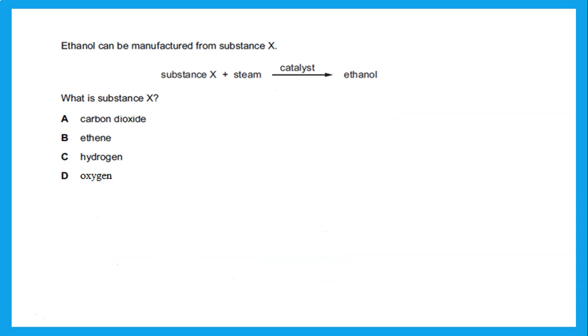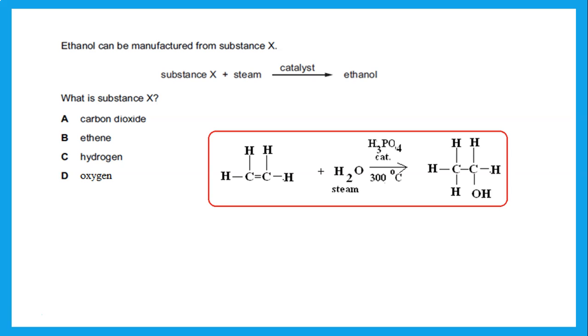Ethanol can be manufactured from substance X. Again, how do we make ethanol? One of the methods of making ethanol is hydration of ethene, adding water to ethene. So water at 300 degrees Celsius is in the form of steam. So when we say X plus steam to give ethanol, that means I want to add water to something to give ethanol.